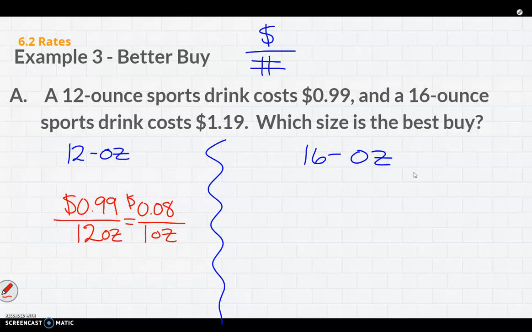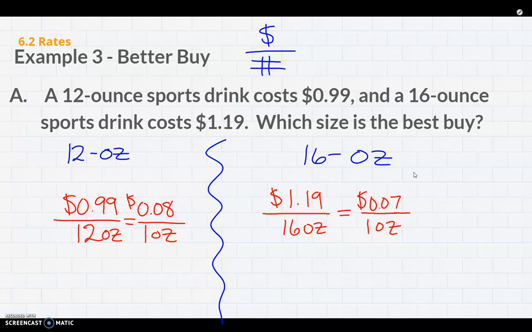I'm going to do the same thing with the 16 ounce. $1.19 divided by 16 ounces. Okay, so again, how much is that per 1 ounce? Well, $1.19 divided by 16 is about, looks like 7 cents. Okay, so 7 cents per 1 ounce.